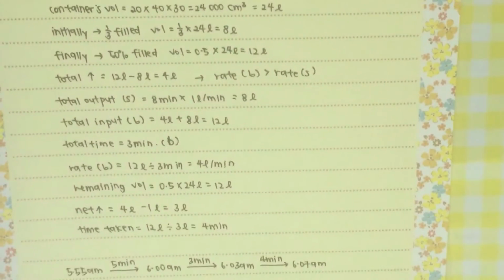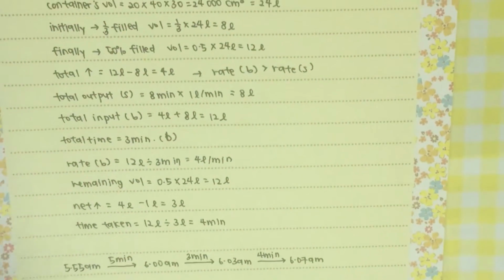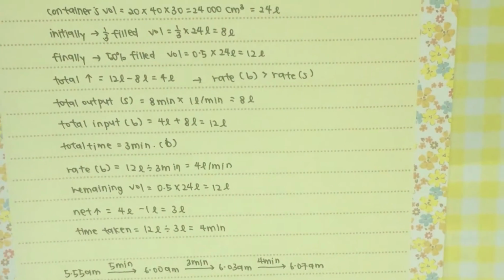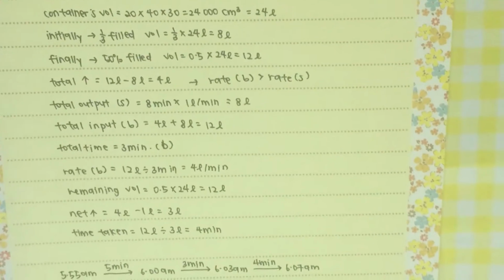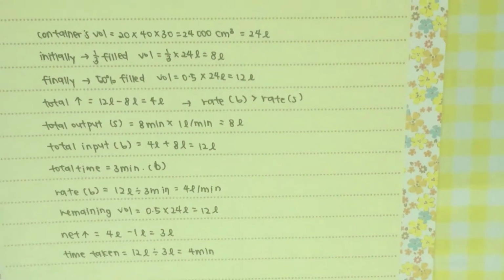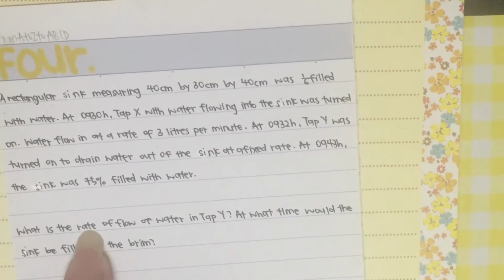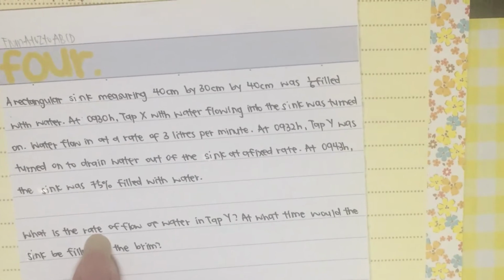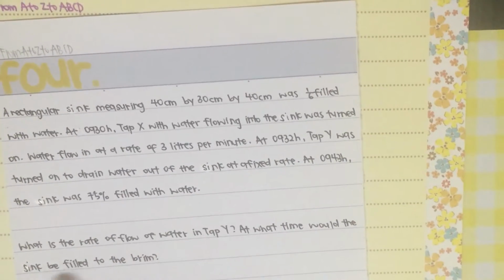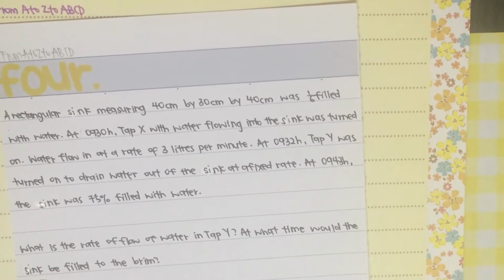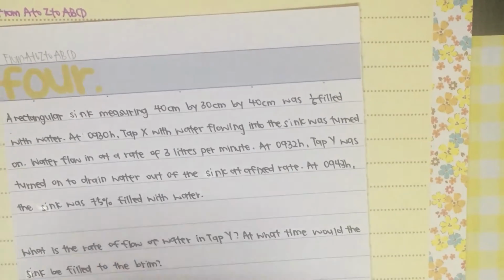That's the end for this question. The question that we just went through is question 3 of worksheet 4. Then the solution for question 1 is, the rate is 1 liter per minute and the time would be 9:49.